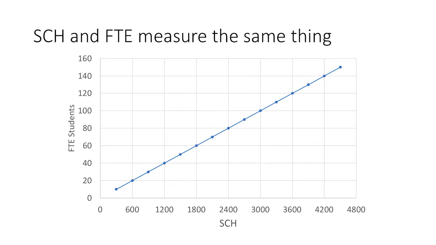You can use either measure, student credit hours or FTE students, and you are communicating the same information. So really, the only difference between FTE students and student credit hours, other than the mathematical transformation, is the question, what do people understand better? Would it be easier to talk with a group of people about FTE students, or would it be easier to talk to people about student credit hours?